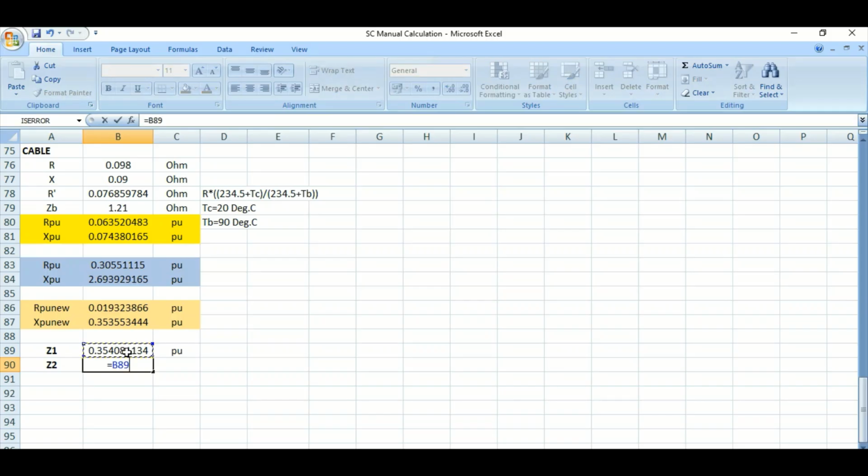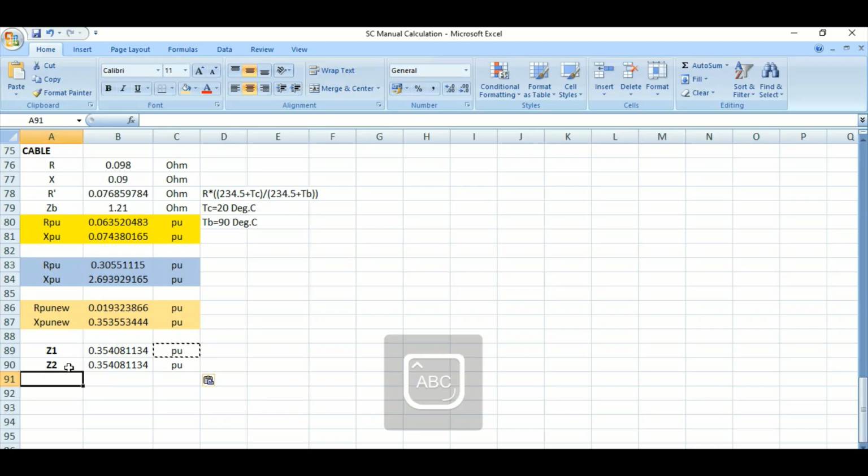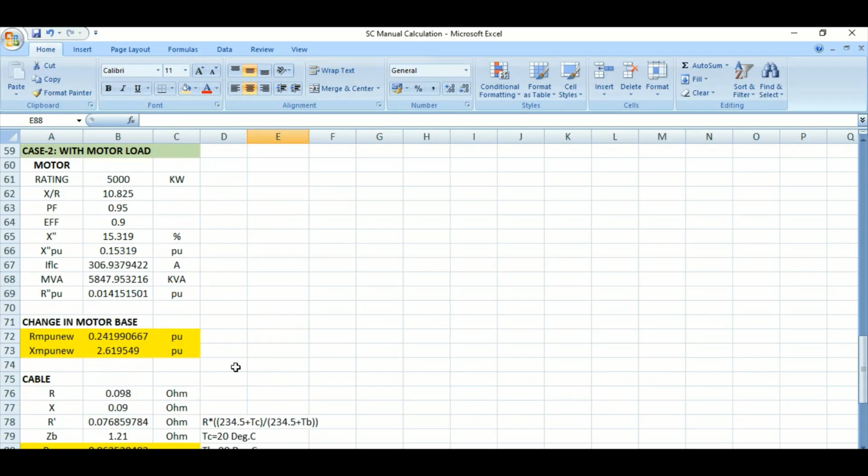Z2 equals the same as Z1. Z1 equals Z2 means positive sequence impedance equals negative sequence impedance. But for Z0, we need to find out the Z0 values.